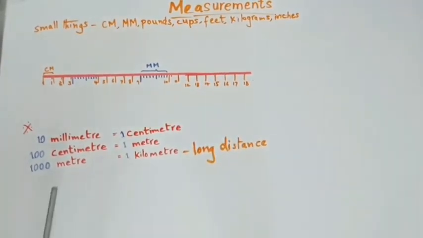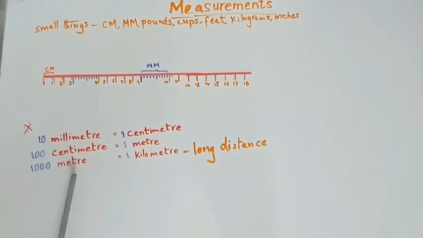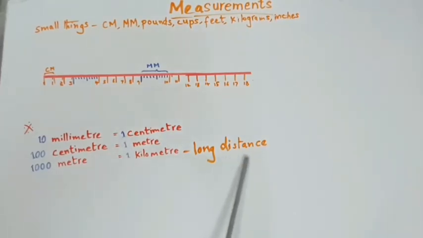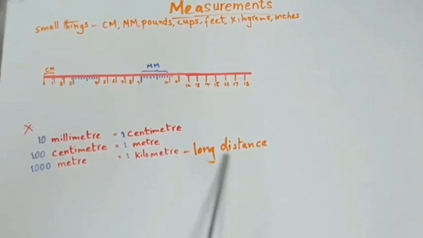Understand? So this table is very important for you. You have to remember it. 100 centimeter equals 1 meter, and 1000 meter equals 1 kilometer. We use kilometer to measure long distances.